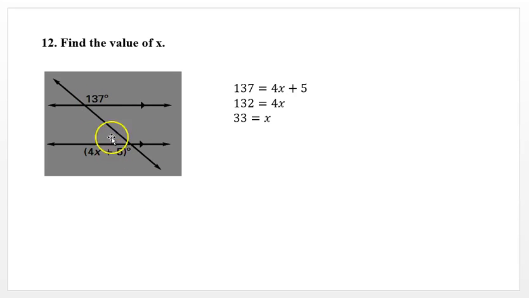So since these are parallel lines and these angles right here that are labeled 137 degrees and 4x plus 5 degrees are alternate exterior angles, these two angles are going to be congruent to each other. So how you solve for x is you set them equal to each other. So 137 degrees equals 4x plus 5. Solve for x, which is right here in the steps I've done.